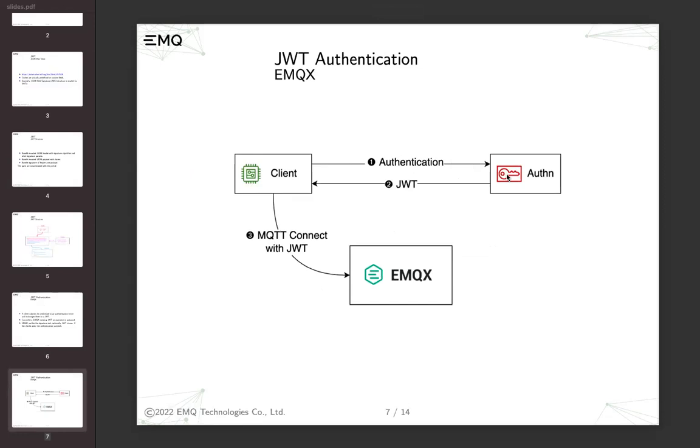Generally, it is a standalone server like Keycloak or Auth0. There are a lot of them. Then, having a JSON Web Token, a client connects to EMQX and carries this token as some MQTT connect packet field. Generally, this is the password field, and EMQX verifies the token signature, and if it is correct, the client is authenticated successfully.